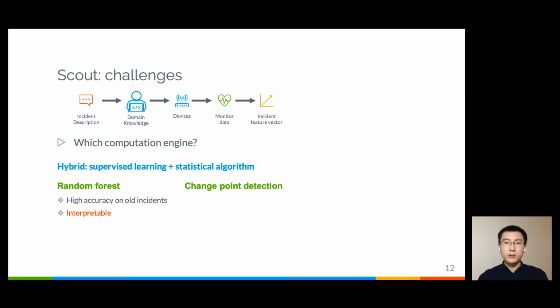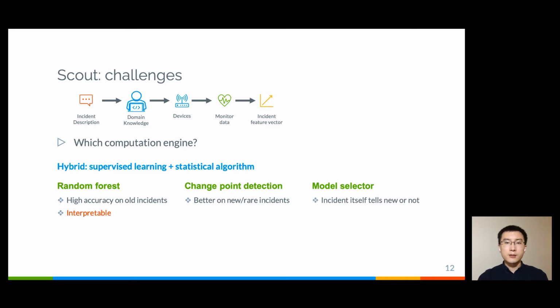So we use the change point detection algorithm to overcome this drawback. In a nutshell, the change point detection algorithm is able to detect the change points in a time series of monitoring data, and we believe these change points might be the cause of an incident. So then how to merge these two algorithms together? As we said previously, if the incident is recurring or common, then the random forest algorithm has high accuracy.